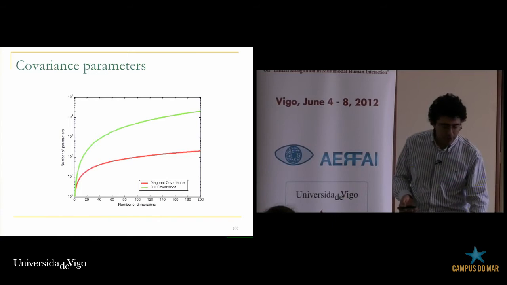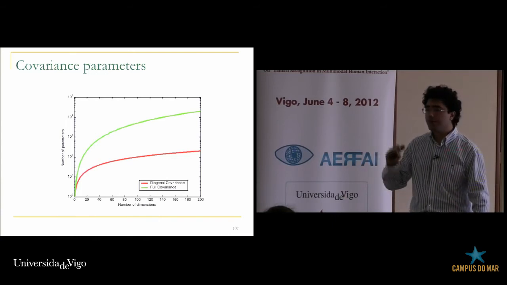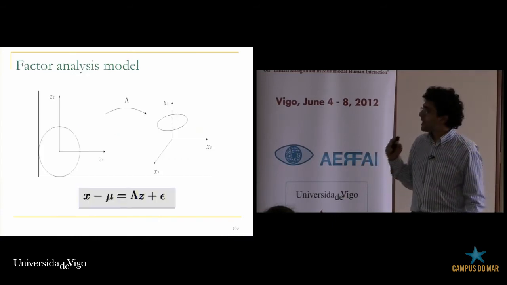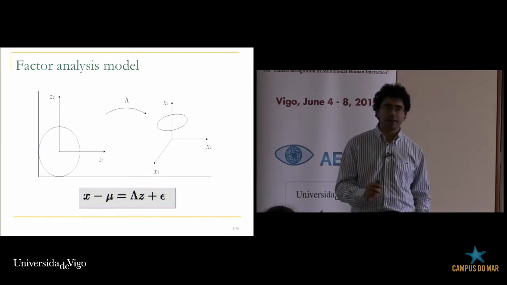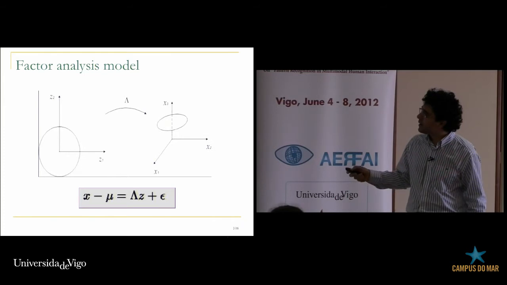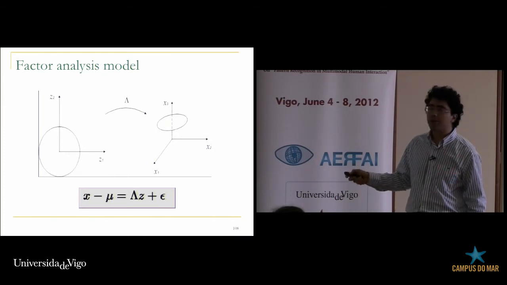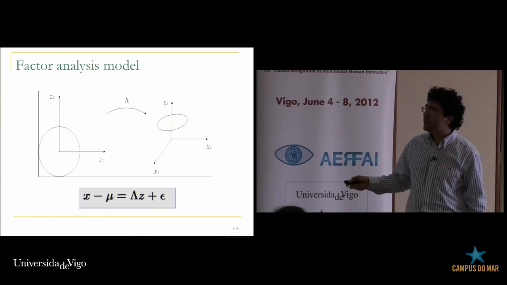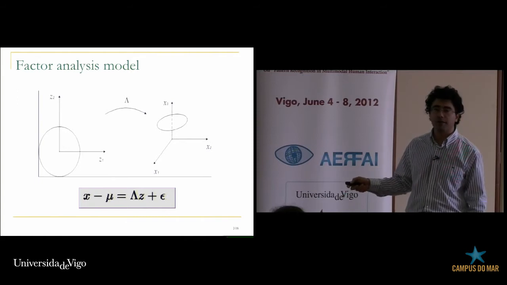And he showed you a lot of models that do like PCA, okay, and one of them was the factor analysis model. In the factor analysis model, we assume that the data that is in, let's say, high dimensional space is actually generated in a low dimensional space.